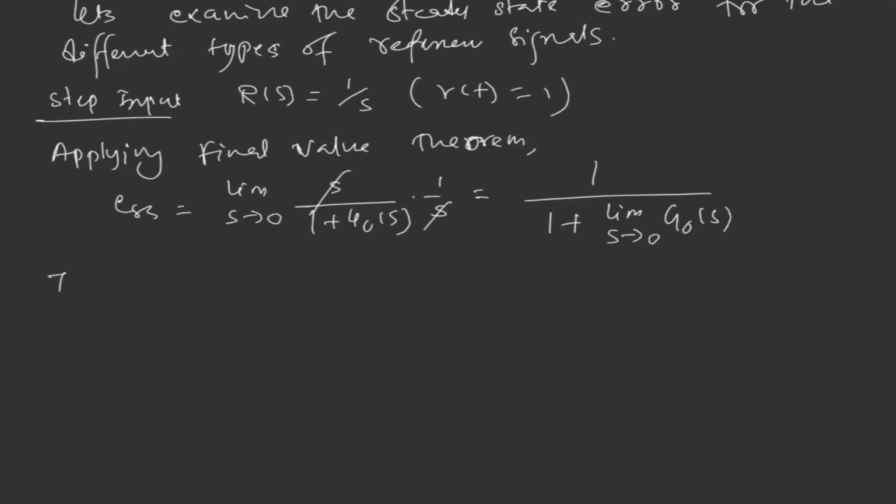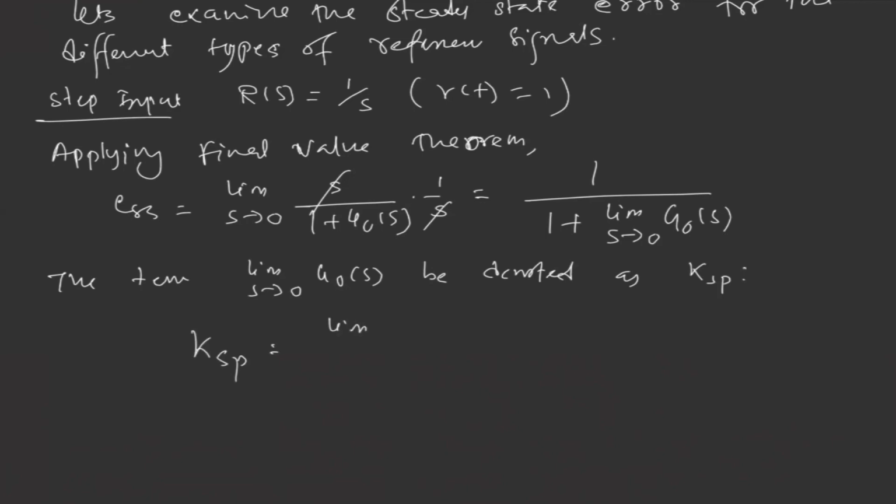Here we can define the term limit S tends to 0, G naught S, to be denoted as KSP. So KSP equals limit S tends to 0, G naught S. This is called the static position error constant.